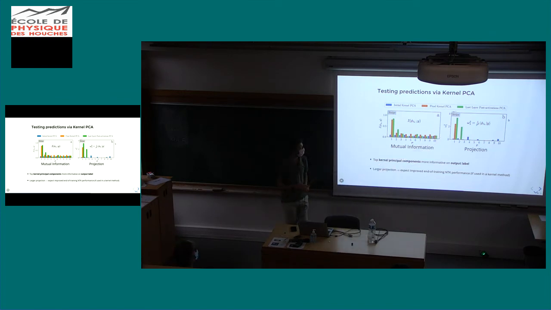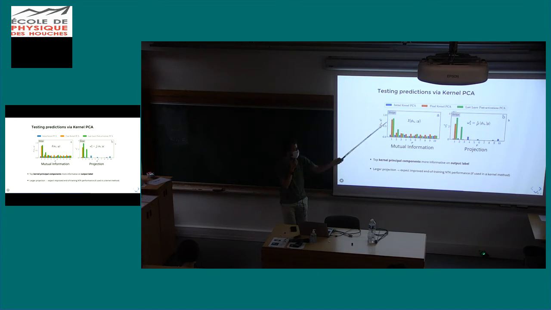What we see here is that if we look at the blue bars, the eigenvectors for the NTK before learning, they share no information with the label, and the projection is very small.